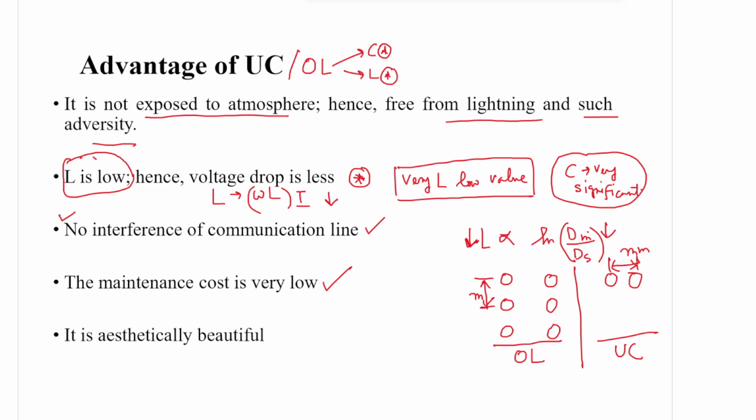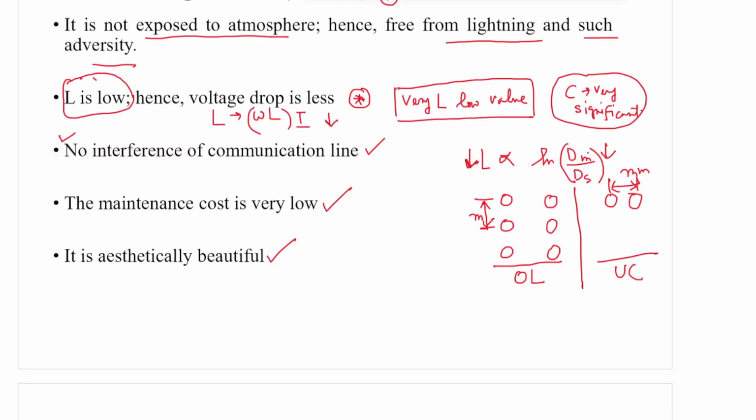Hardly any fault or maintenance is required. And the last point, it is aesthetically very beautiful as it is not exposed physically as well as visually to nature. These are a few advantages of underground cable.